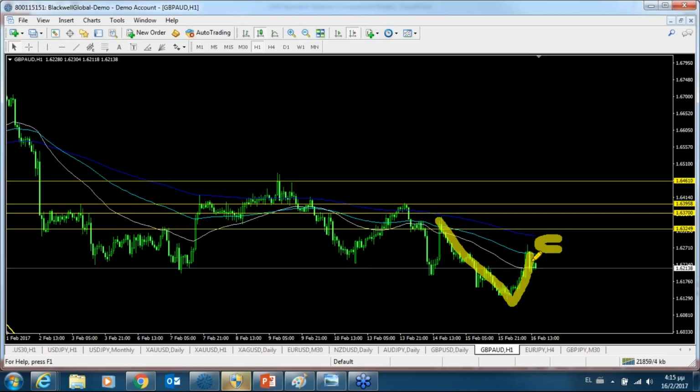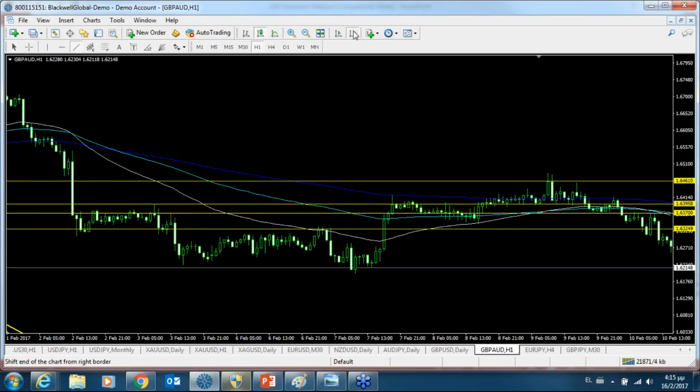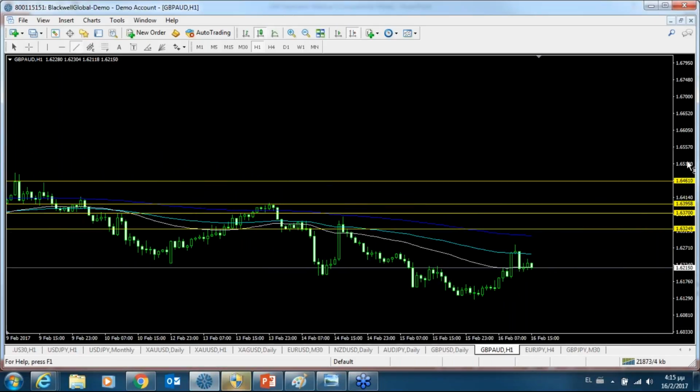Yeah, your C. So then you're looking at a potential ABCD to the downside. Of course, you want to draw your centroid and then look at your centroid and then trade under the centroid. Okay, so let's just do that very quickly based on real lines. Okay, there we go. Let me just zoom out, zoom in a little bit.